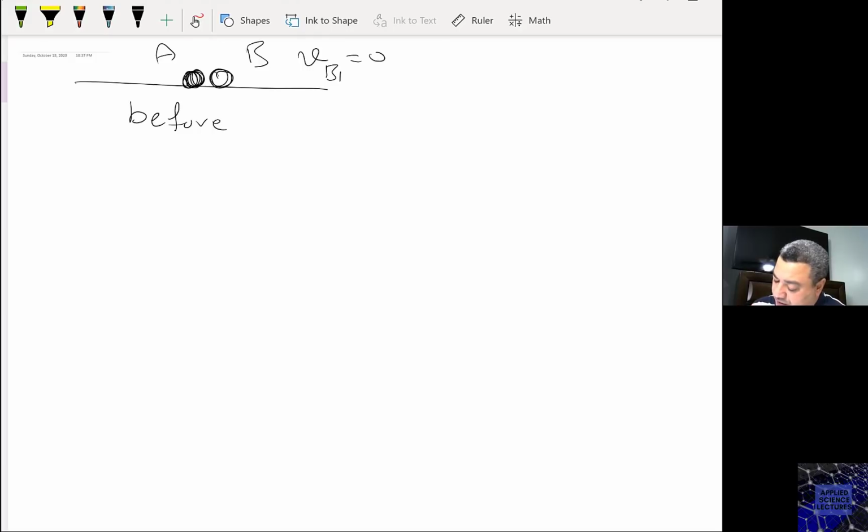We have VA. Let me draw this a little bit. This is where he gets the maximum velocity. So we have VA2 unknown.